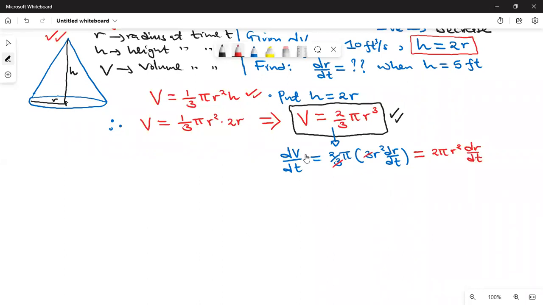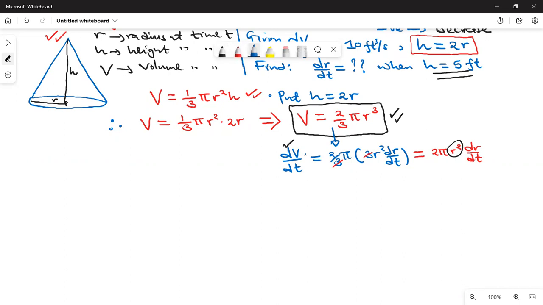So what do I know? I know dV dt, that is known. I can also get r squared because I know h. Using the value of h, which is 5, it is possible to find r. We are asked to find dr dt, so we make that the subject.